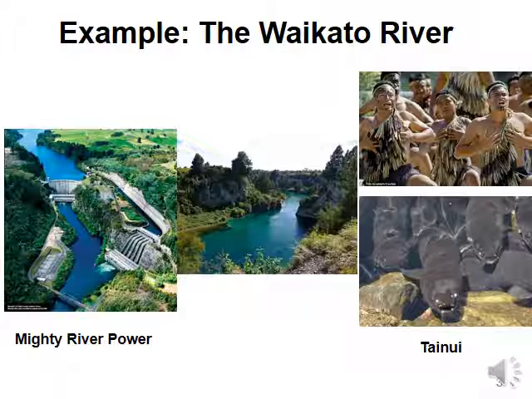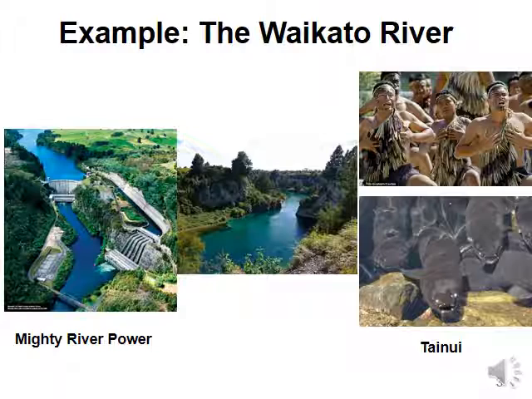So I worked for a company called Mighty River Power. This is a hydroelectric power company. They produced about 10% of all of New Zealand's electricity from a series of 9 dams. There were 9 different dams all along this river called the Waikato River. This was my first job when I finished my bachelor's degree.